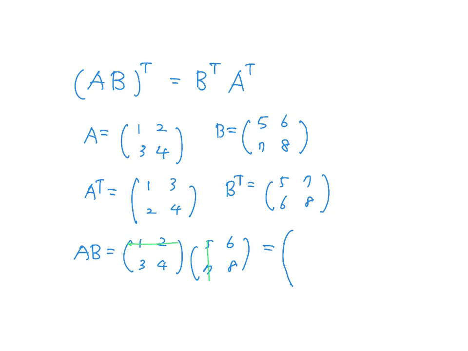So the first component is 1 times 5, 2 times 7 is 14, plus 5 is 19, right?